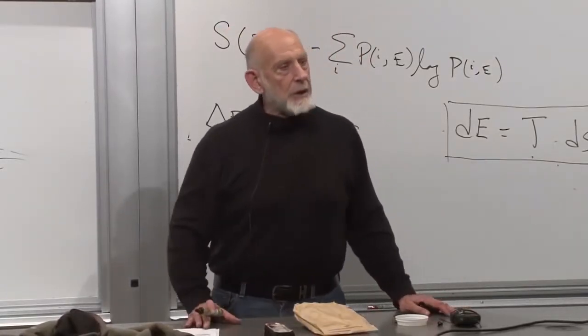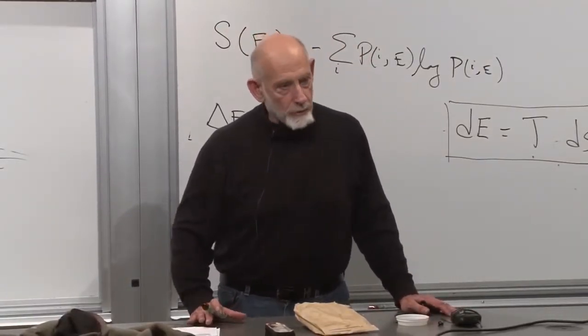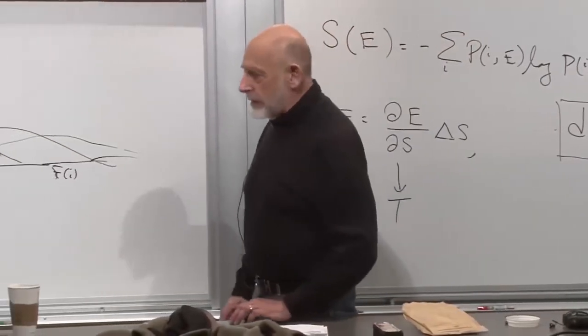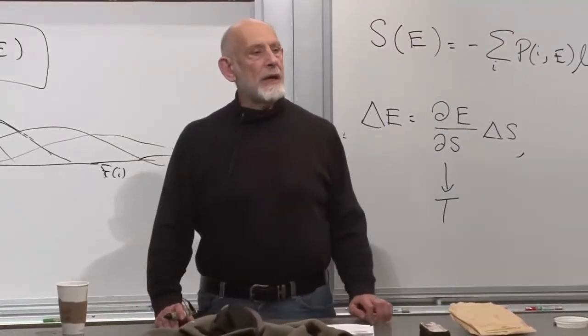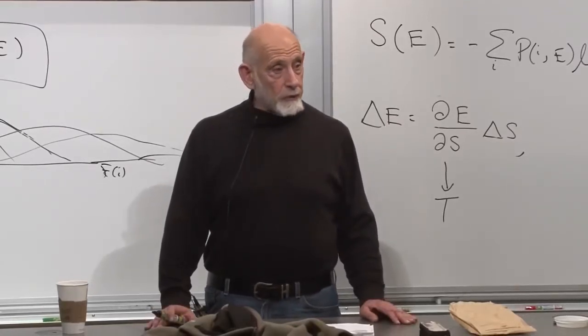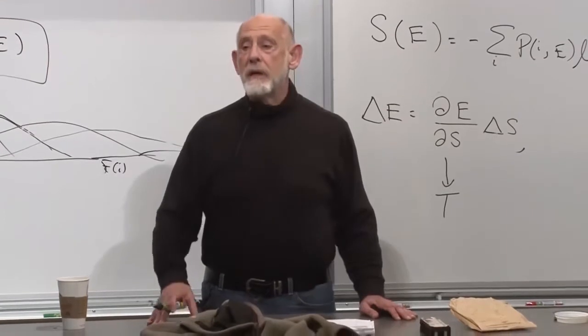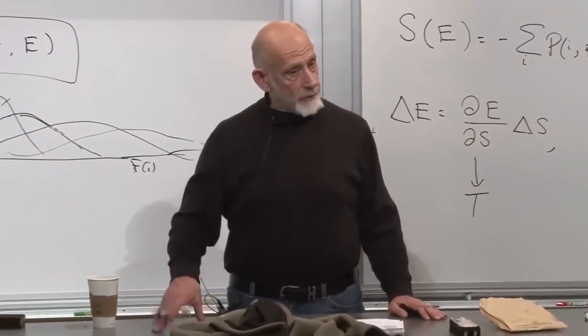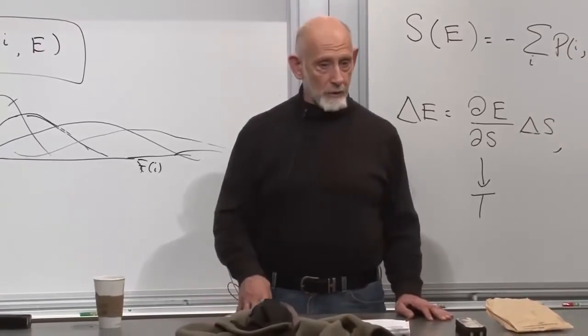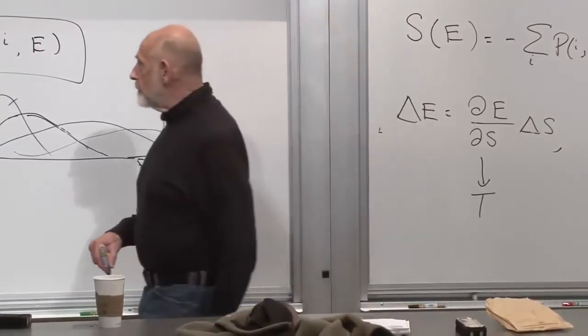That's the most basic concept of temperature: heat or energy will flow from the hotter system, the system of higher temperature, to the system of lower temperature. And we can prove that.